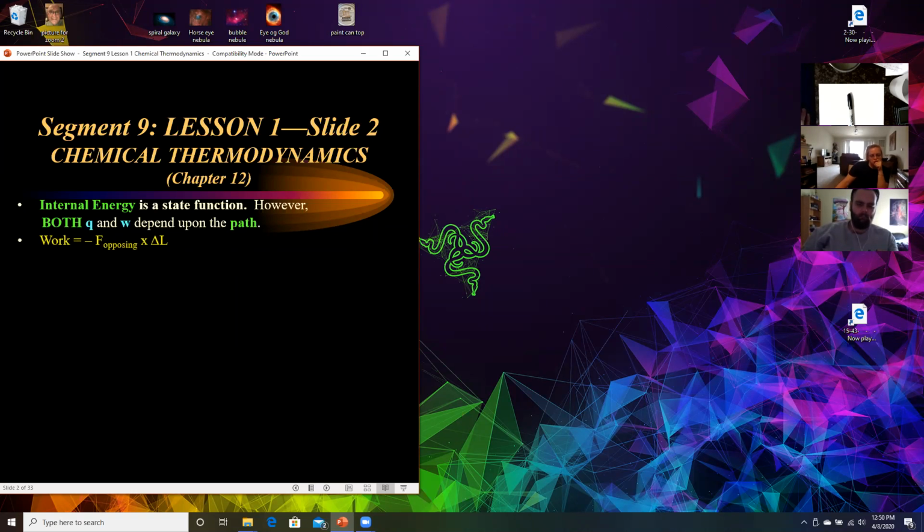Now let's look at the work function. The work is defined as minus the opposing force times the change in the distance. So important features: you do have to move something from this position to that position. That's delta L. So if nothing moves, no work is done. The force that is important is the opposing force.